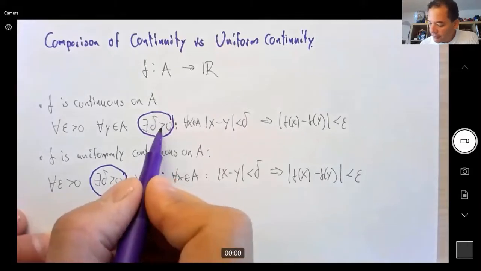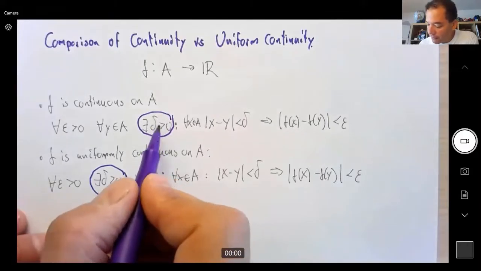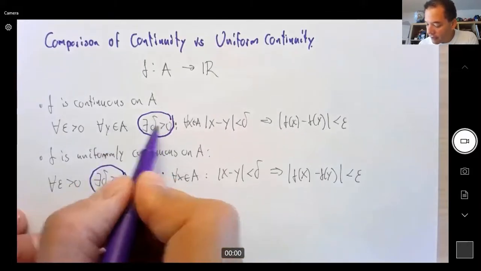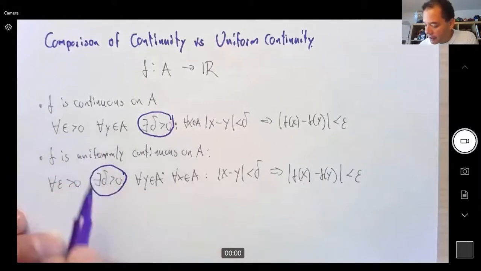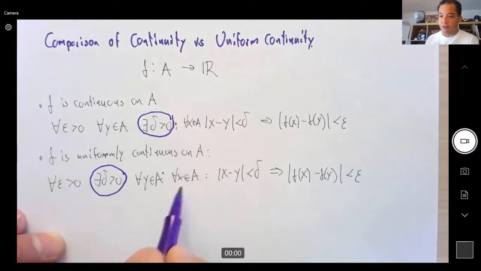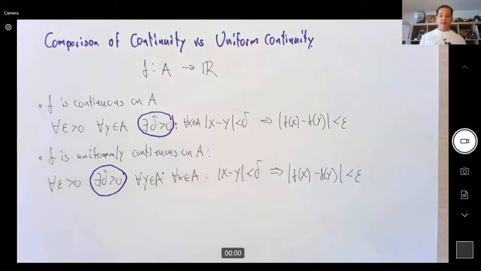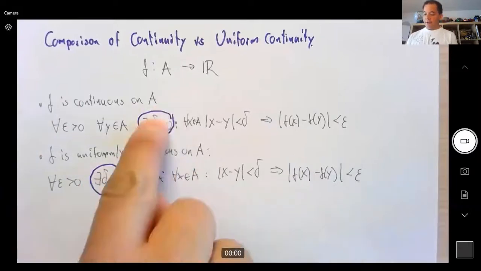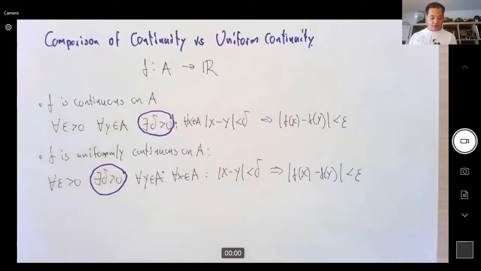So here, the delta may depend on epsilon and on y. Here, the delta doesn't depend on x and y because it comes before. You need to come up with this delta before you even know what are x and y. All right? Is that clear? What is the difference? So it's just a difference of where the quantifier comes in this definition.